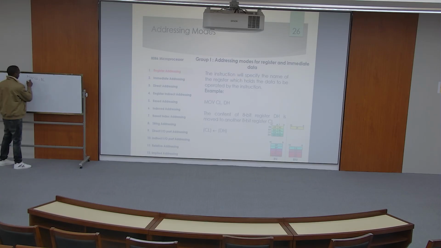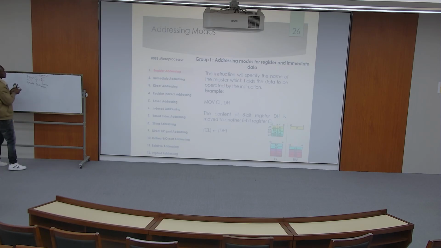This we call the opcode, and these are operands. This is the source operand, and this is the destination. Most of the time, the destination and the source operand need to be the same size.